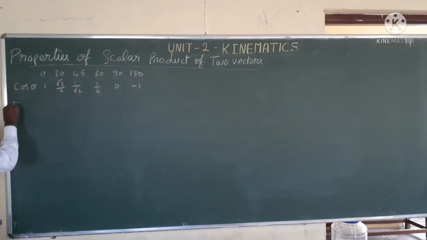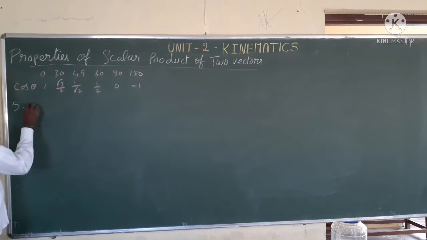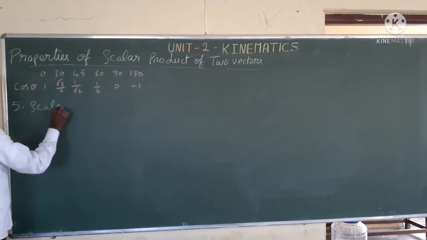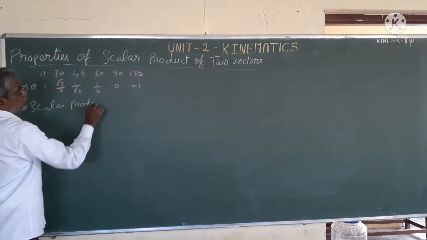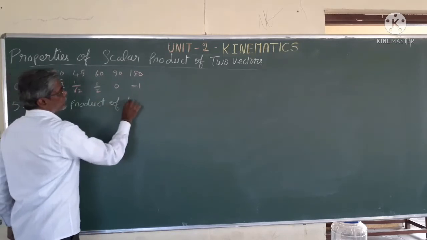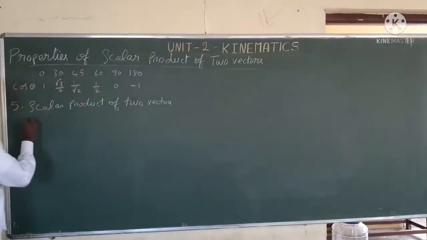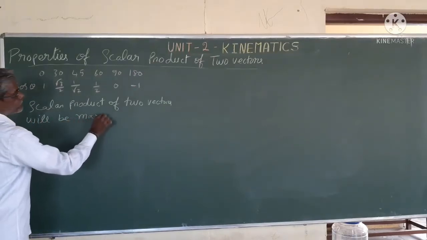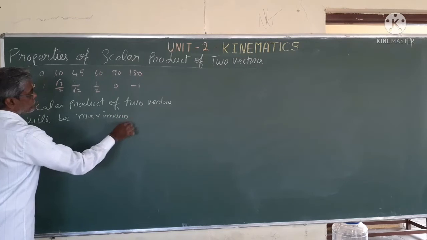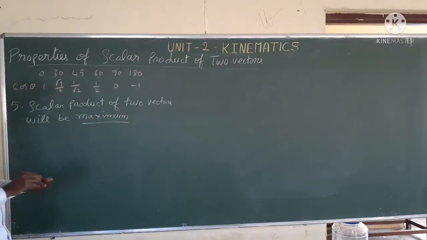So next, fifth property, scalar product of two vectors will be maximum.